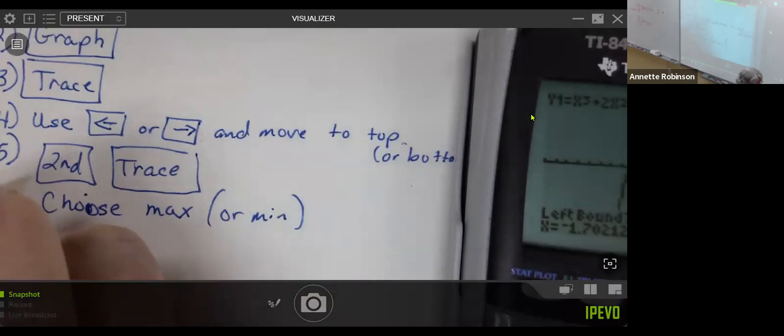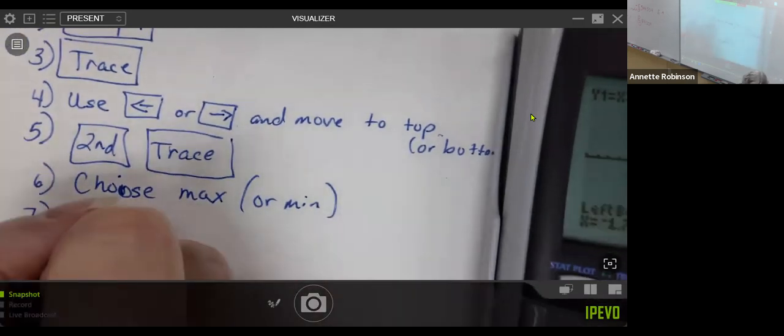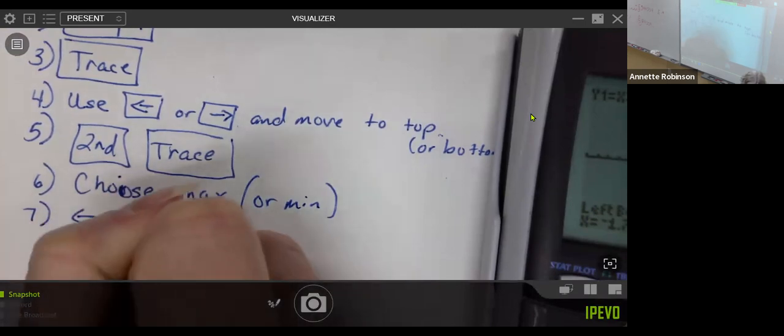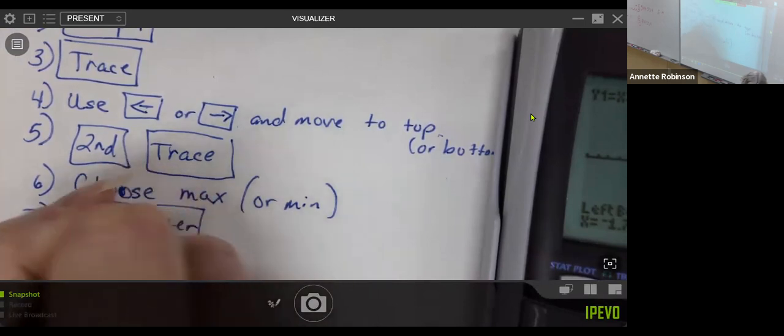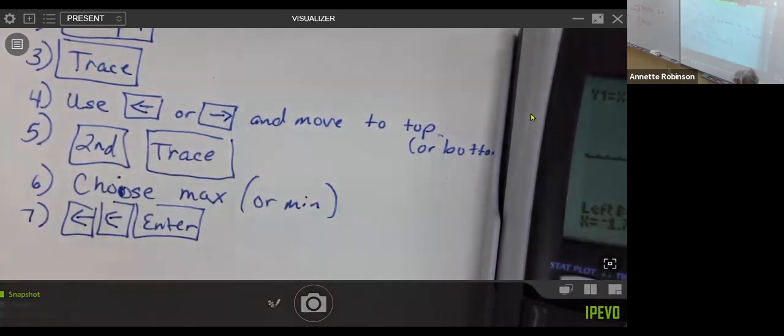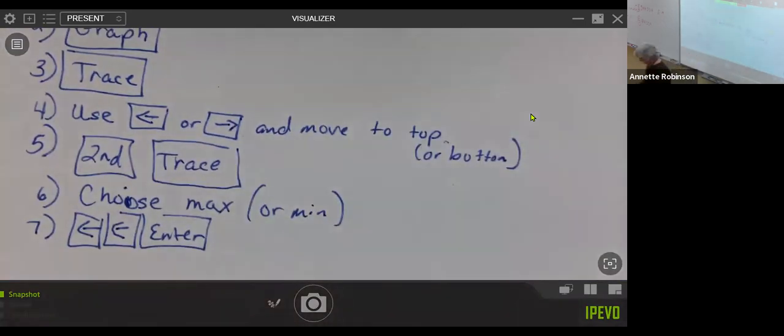Texas two-step. Please hit your left arrow key twice and enter.